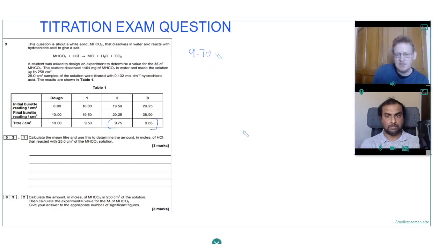And to turn that into decimeters cubed, we divide that by 1,000, or times 10 to the minus 3, volume, and times by the concentration, which we're given in the question, times by 0.102, and that would be 9.894 times 10 to the minus 4 moles of HCl.